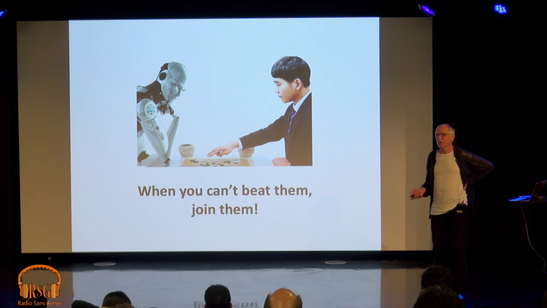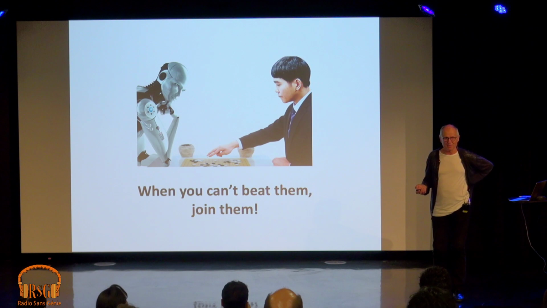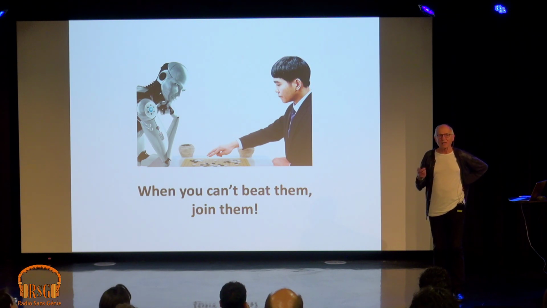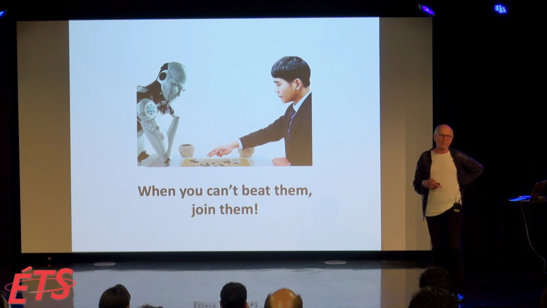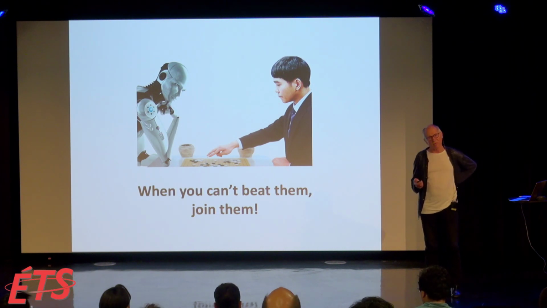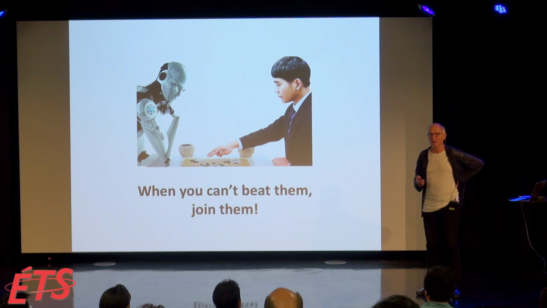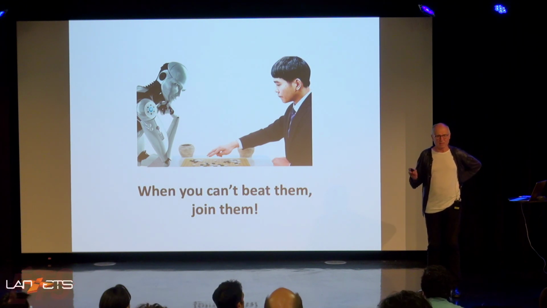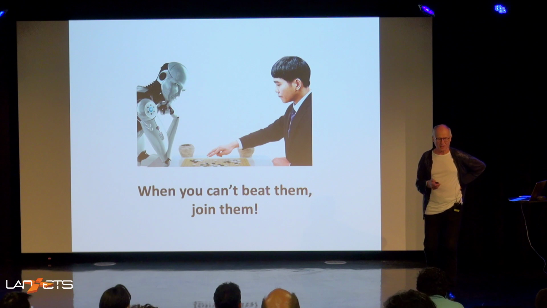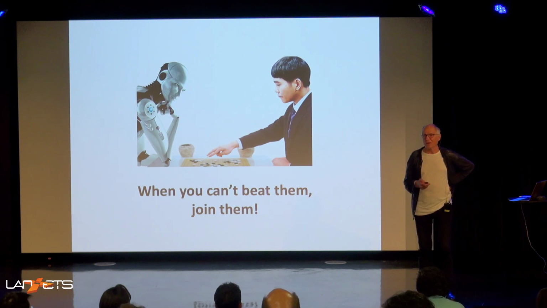So what do you do in this case? Either you give up, or you say, well, I might as well become friends with the machines and try to think how they can help me. This is going to be the topic of my talk. So that was only by way of introduction. What I'm after now, because I still want to survive a little bit in the field of speech recognition, is this.